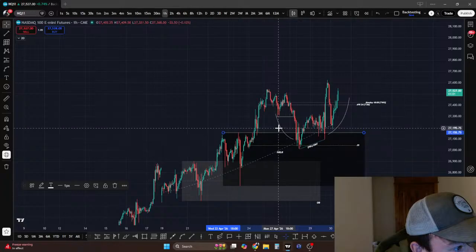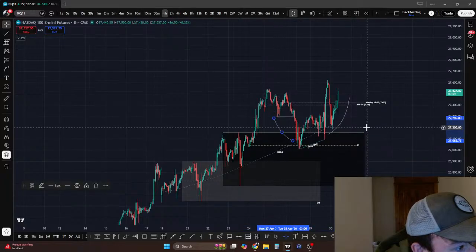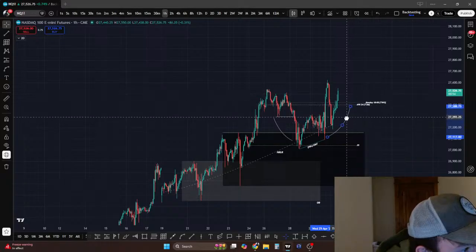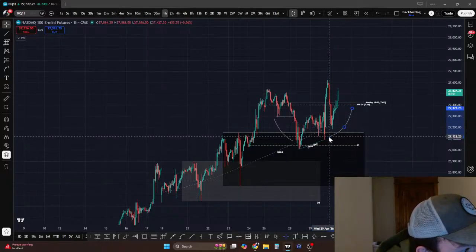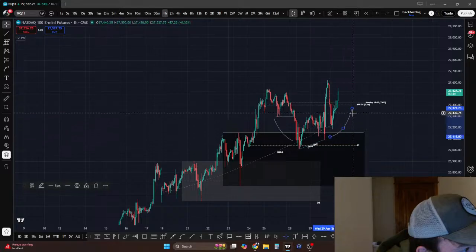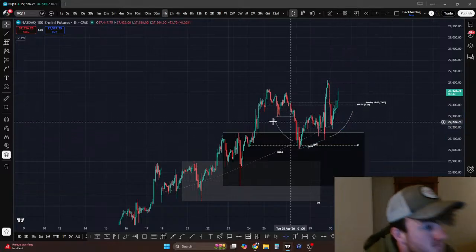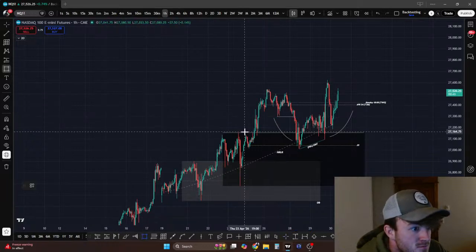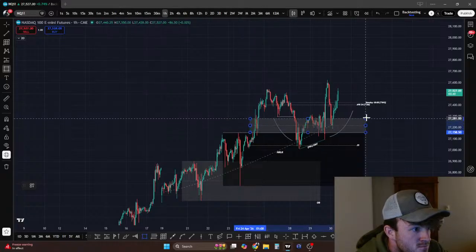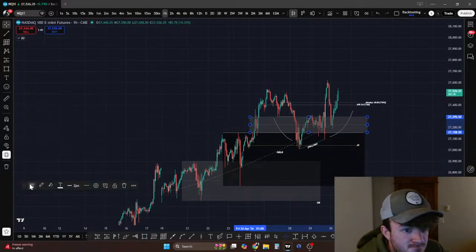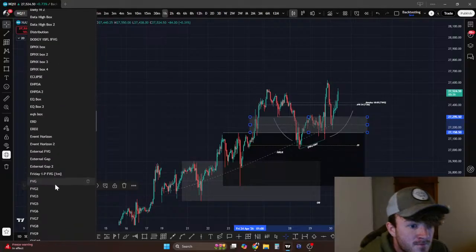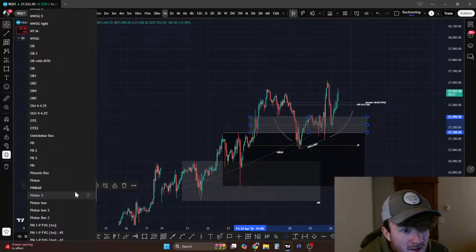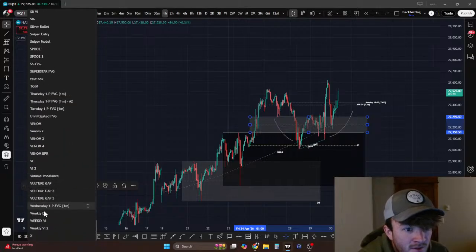So, wow, this might end up being very, very bullish. I said by 9:05 I want to get to the low time frame, so we're gonna get there in less than 5 minutes.